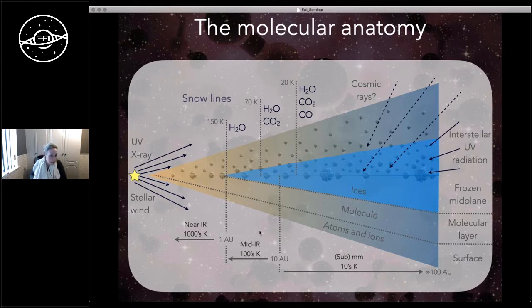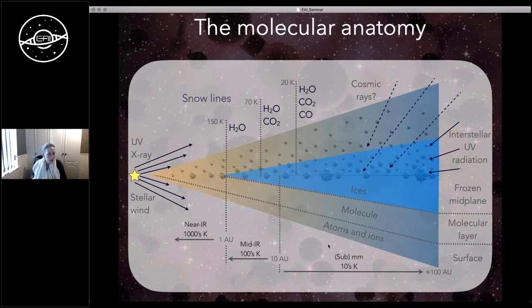And of course, JWST will make a really big impact in the study of this region in the near future. But most of the disk is actually very cold and is best probed at much longer wavelengths, so submillimeter to millimeter wavelengths, where we can exploit rotational spectroscopy that gives us a benefit, if you like, over infrared spectroscopy, in that the molecules themselves have a unique spectral fingerprint that helps us to increase the size and complexity of the molecules that we can detect.